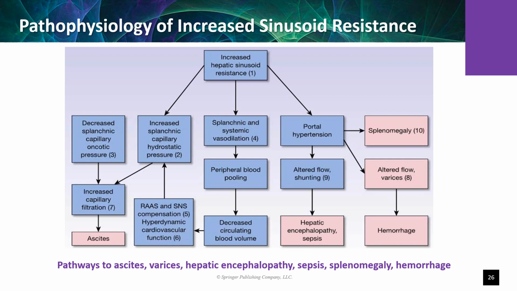The pink boxes are the final consequences of the changes. Multiple factors and pathways lead to pathophysiological consequences of increased hepatic sinusoid resistance that cause fibrosis and cirrhosis. Remember, activated hepatic stellate cells promote the fibrosis around the sinusoids and increase the resistance in that region of tissue.